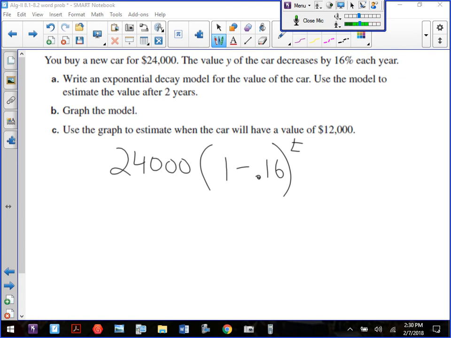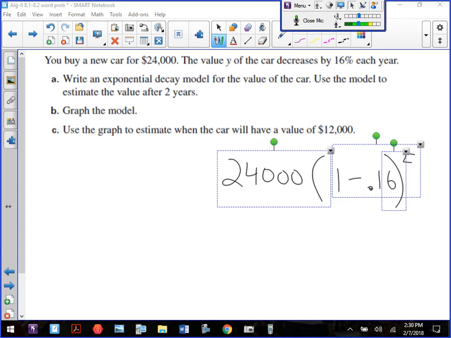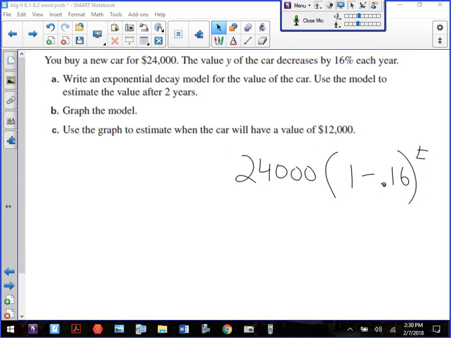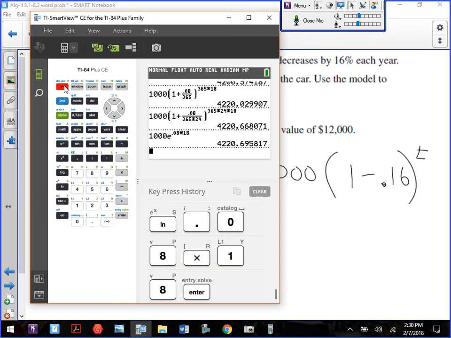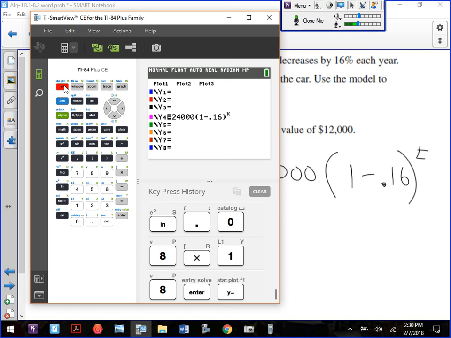So you literally go to your calculator now. Y equals. Hey, it's convenient I had that problem in there. So I want to know what this is going to be worth in 2 years.